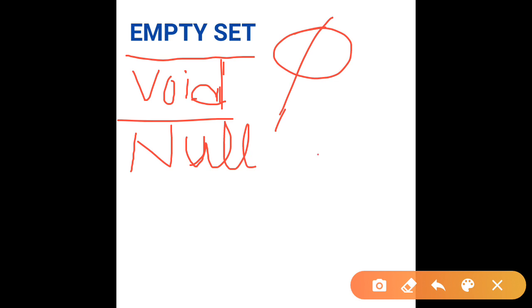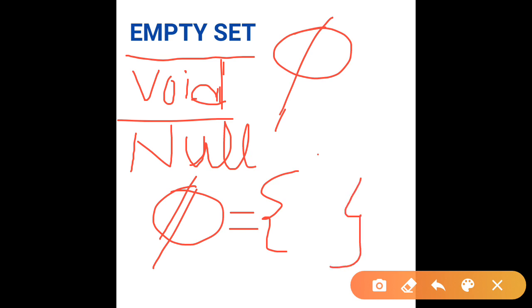Empty set means a set which doesn't contain any element, not even a single dot. It doesn't contain any elements, any symbols, any dot, anything, not even a set symbol.